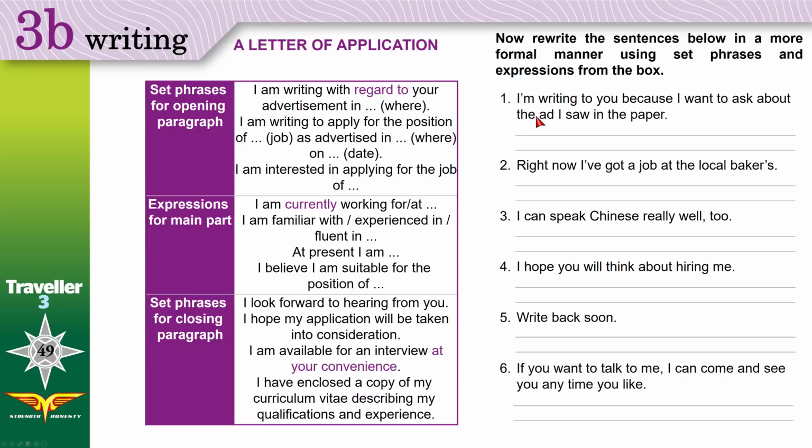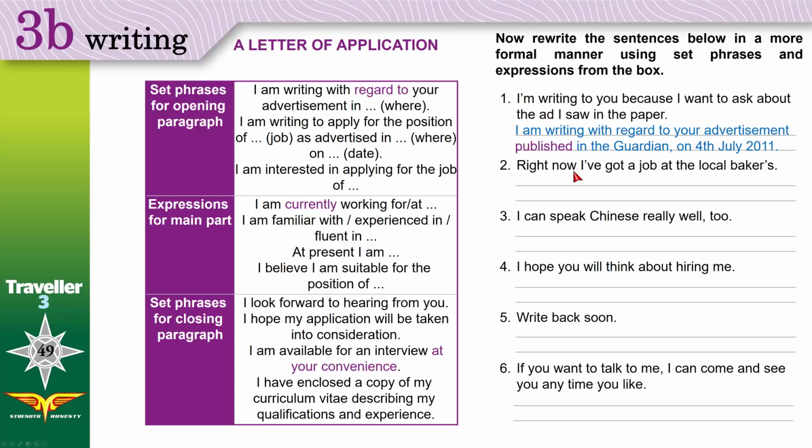This is also not acceptable. Advertisement. I saw in the paper. I am writing with regard to your advertisement published, printed in the Guardian. Guardian is the name of the newspaper. On the 4th of July 2011, you write the date, and you write where, in the Guardian.